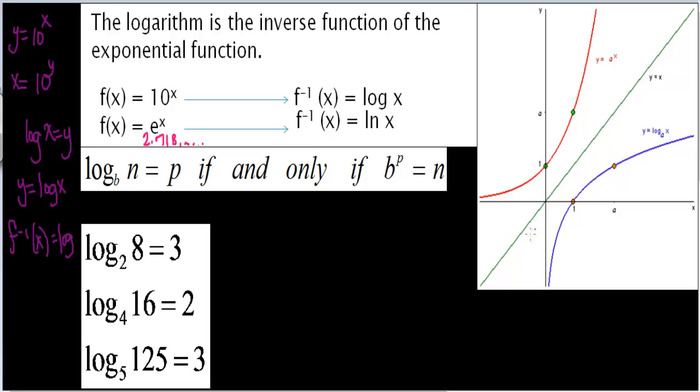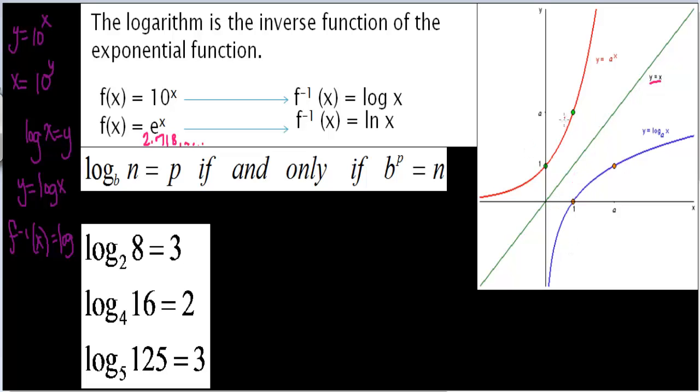When we talked about inverse functions, we know it's a reflection of this function across the y equals x line, this line here. It's like if I folded this paper across this line, and I reflect this curve on the other side. And that's how you get the logarithm graph, by reflecting the exponential graph across y equals x.